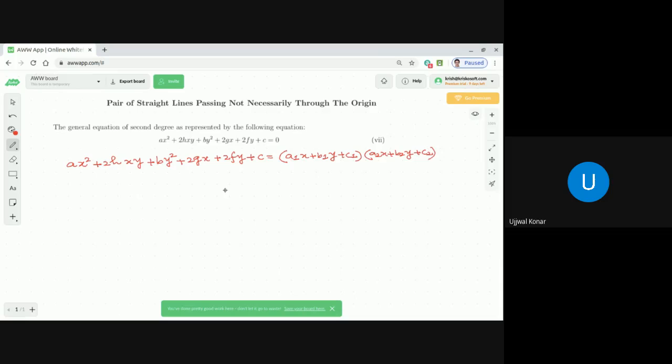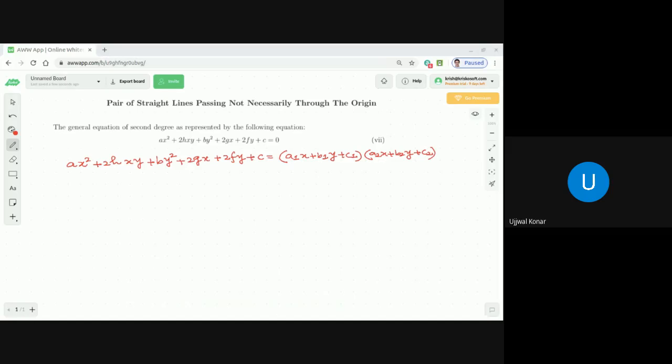If we can express the left hand side, that is a general expression of second degree in x and y, as two linear factors, then we can say that it is possible that the equation ax square plus 2hxy plus by square plus 2gx plus 2fy plus c equal to 0 represents a pair of straight lines.